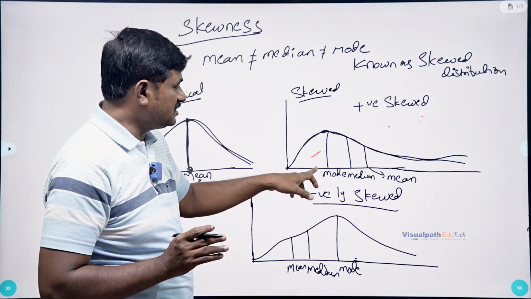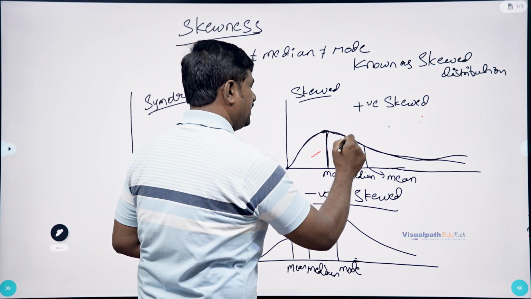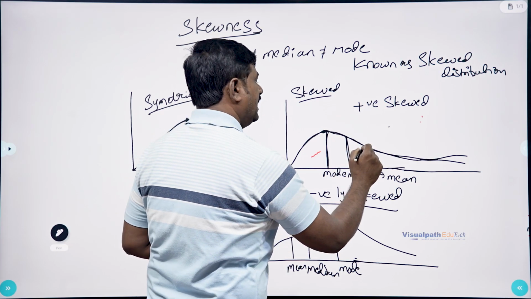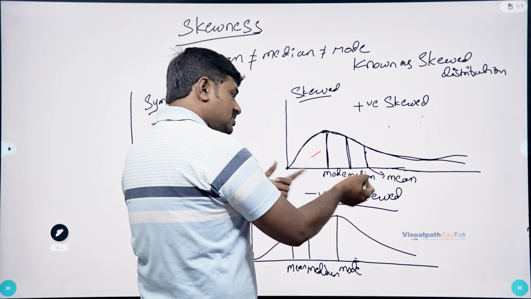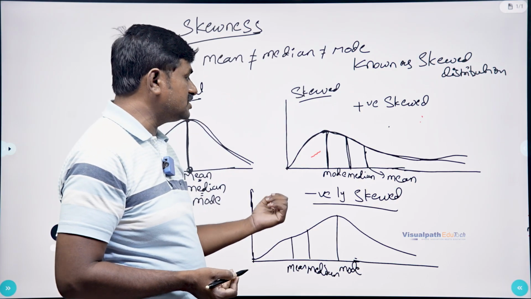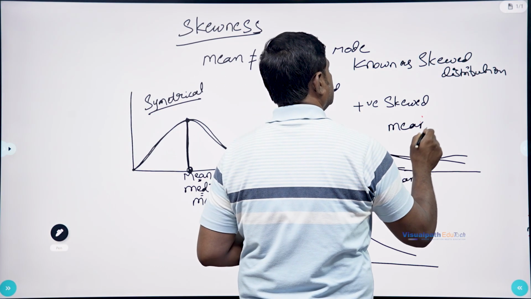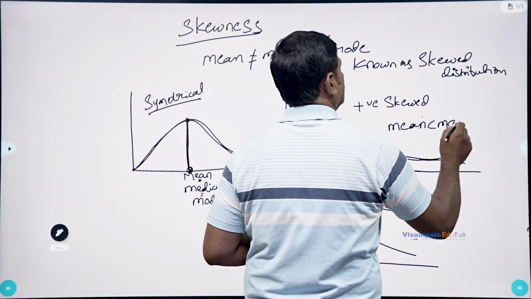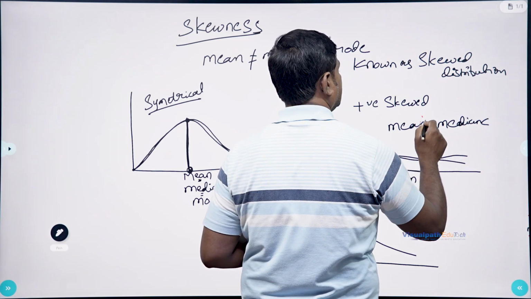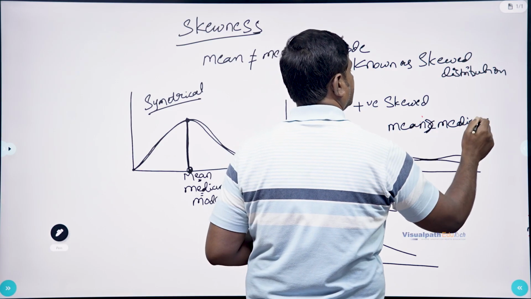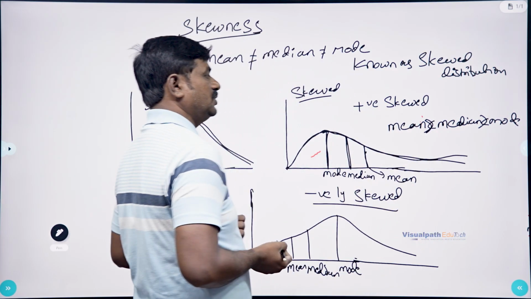In the positively skewed distribution, this top point is the mode, this is the median, and this may be the mean value. So the mean doesn't equal the median, which doesn't equal the mode. Sorry, the mean is greater than the median and greater than the mode value. That is a positively skewed distribution.